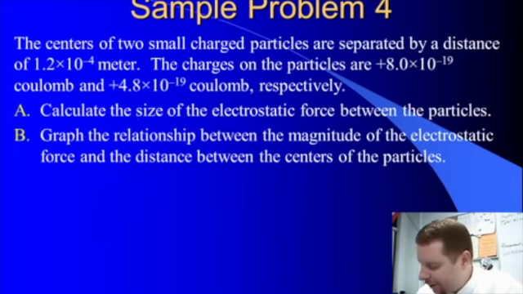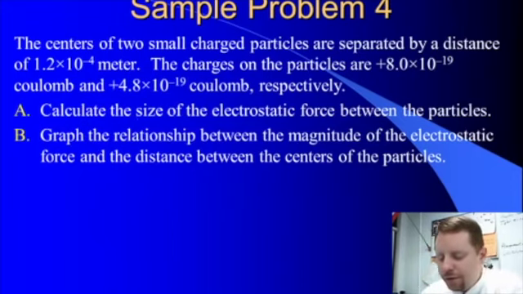Sample problem 4. The centers of two small charged particles are separated by a distance of 1.2 times 10 to the minus 4 meters. The charges are 8 times 10 to the minus 19 coulomb and 4.8 times 10 to the minus 19 coulomb. A. Calculate the size of the electrostatic force between the particles. Well, that's just applying Coulomb's law.